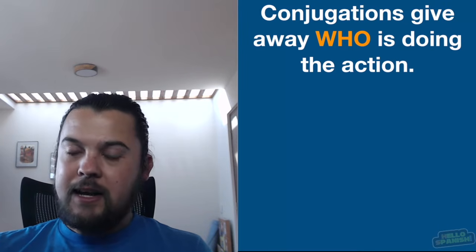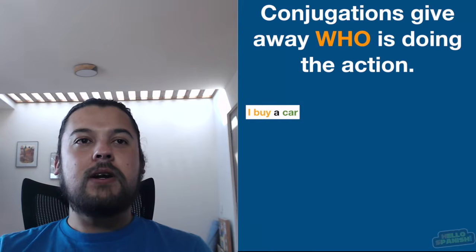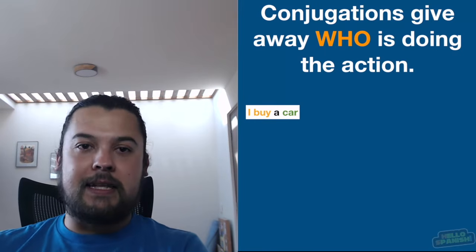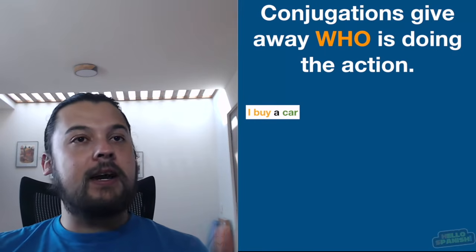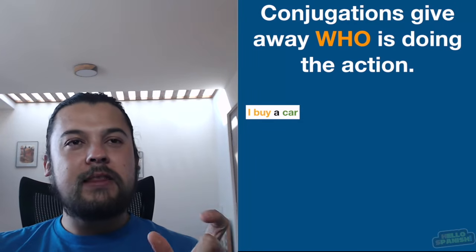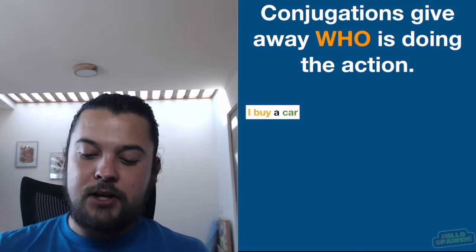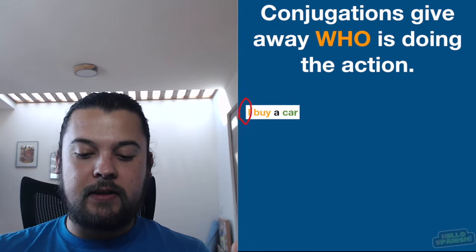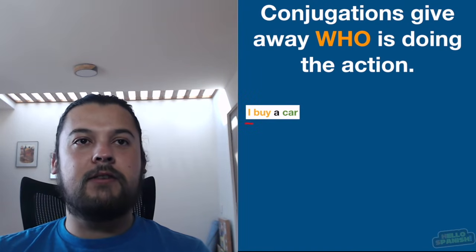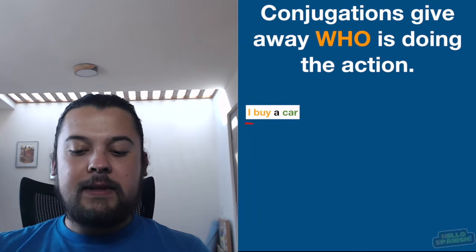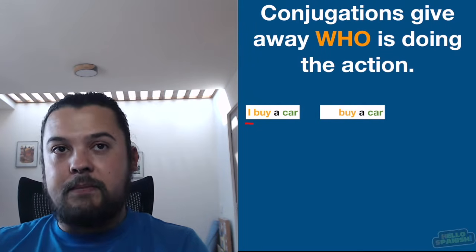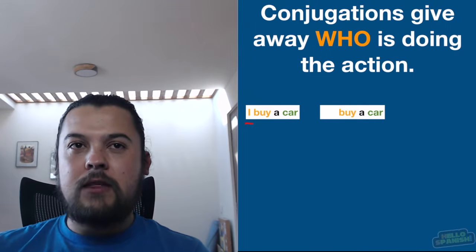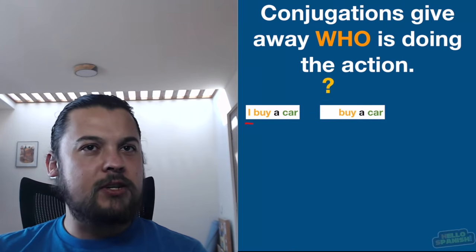Let's see. In English, when you have a normal sentence, like I buy a car, you need the subject. English has this mandatory rule that you need to have this part, this I, there in the sentence. If you have the same sentence without the I part, you don't really know who's doing the action, right?